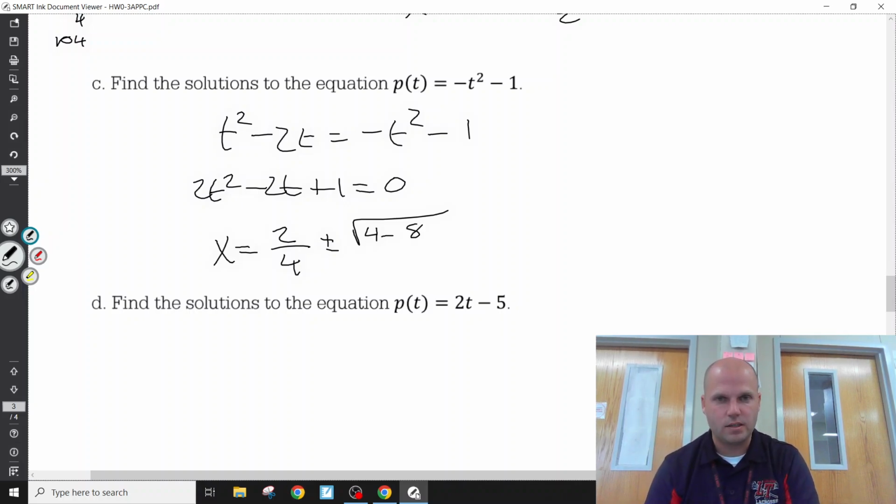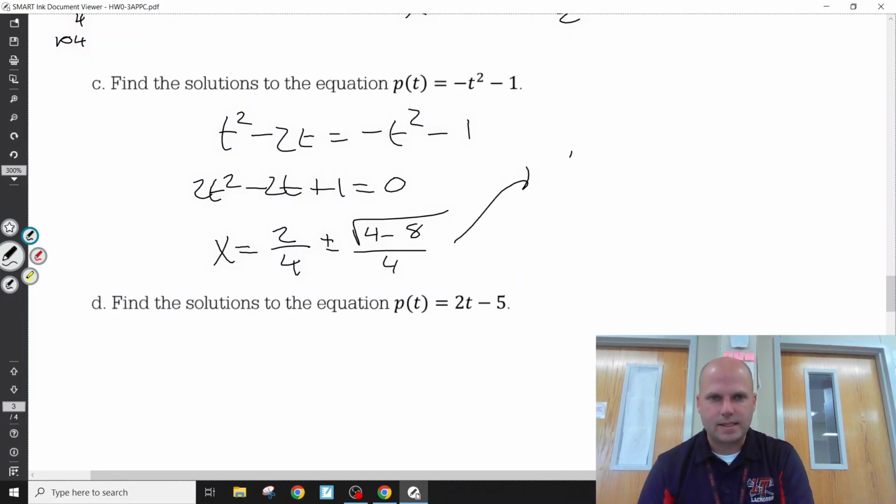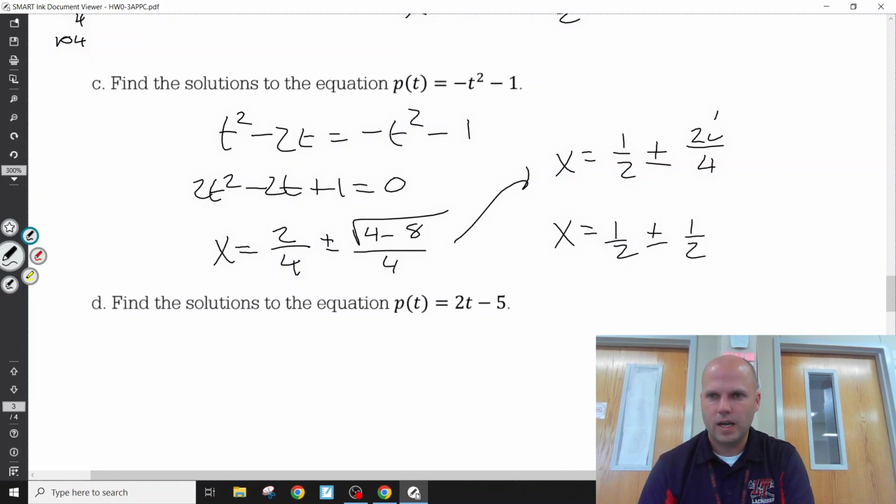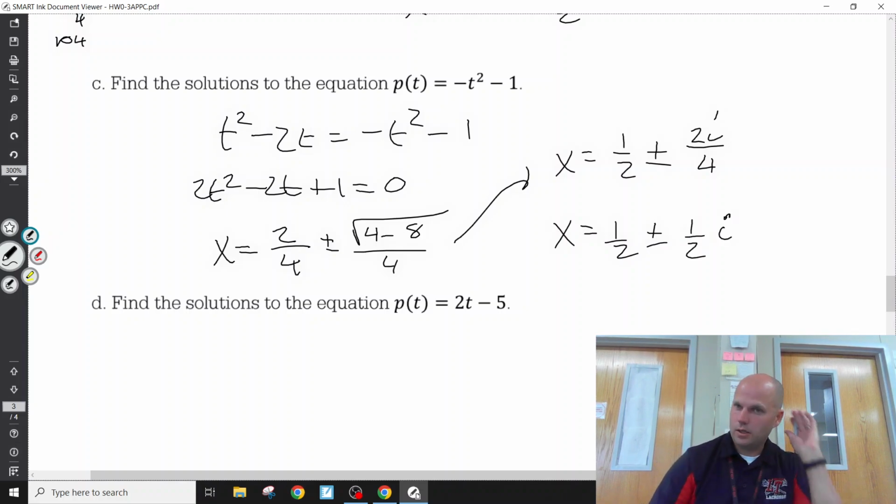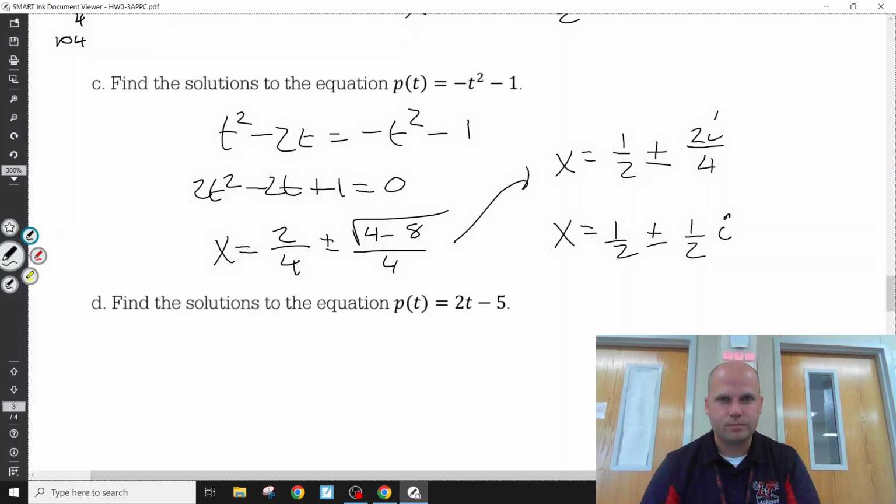So it's 4 minus 8 all over 2a. 4 minus 8 is negative 4. Square root of negative 4 is 2i. So I get a half plus or minus a half i after dividing by 2, top and bottom.